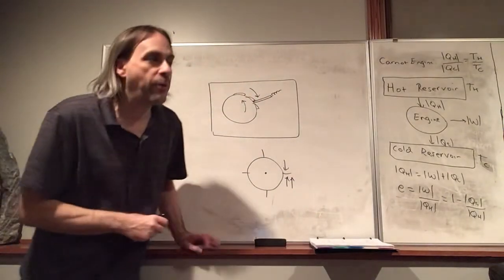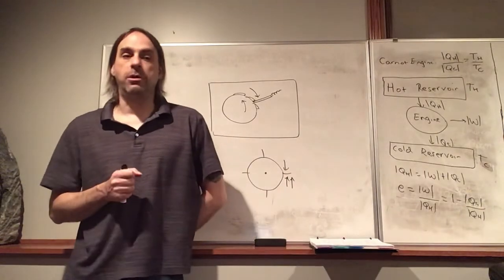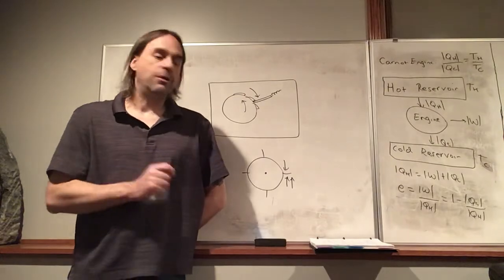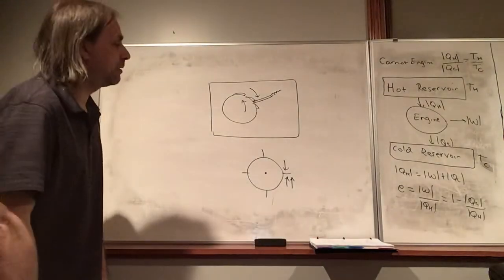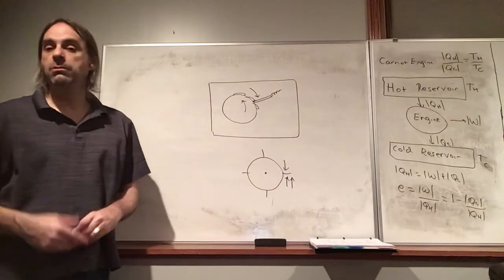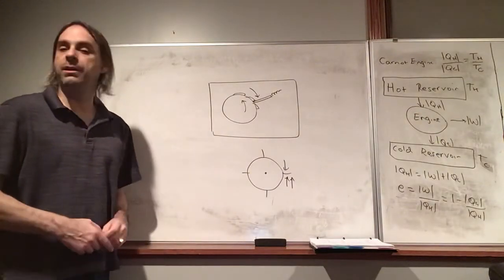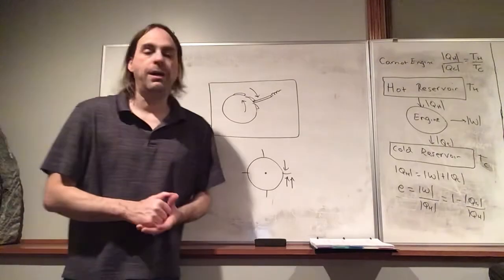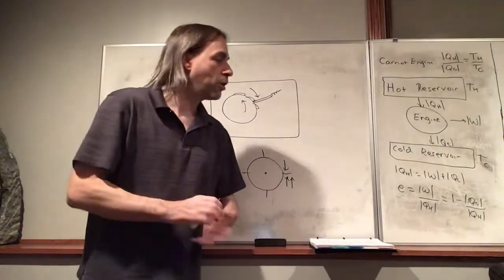Now, for this section and the first 4 chapters in the book that we're covering in thermodynamics, there's one more thing we're going to talk about. It's going to tie into this Carnot engine and efficiency, things we've been talking about. So the next lecture is going to be on entropy, something you may have heard about before.